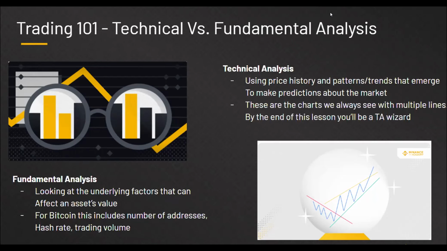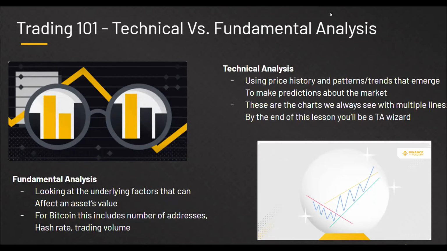You're finding out what blockchain this coin is built on, what solution it is solving, who the partners are, who the team is, what the history of the founder of this asset is, what the use cases are, and what the latest news surrounding this asset and the crypto industry at the moment is. Those are fundamental analysis. You're looking at the underlying factors that can affect the value of assets.